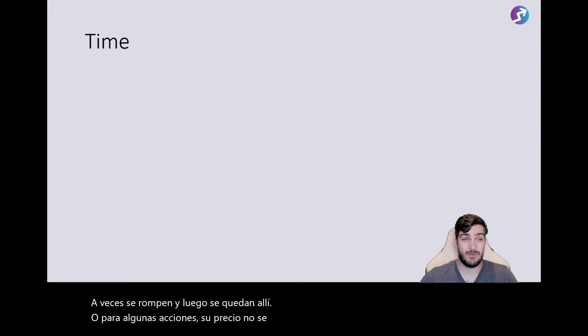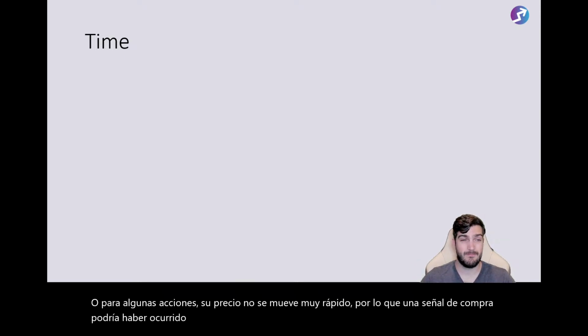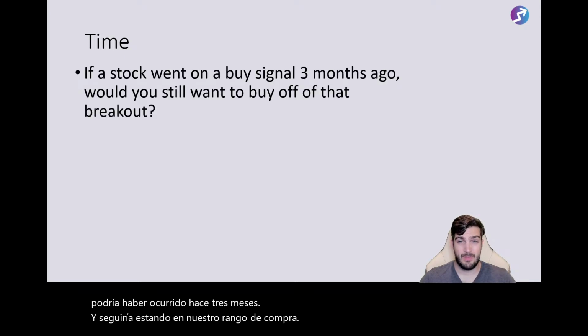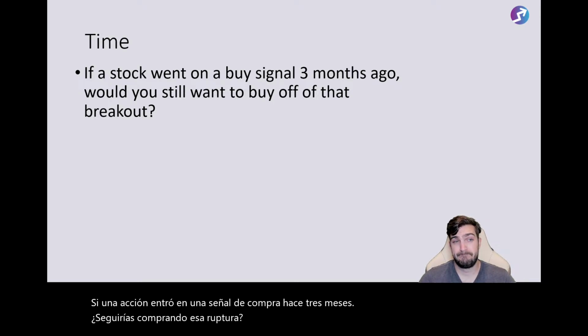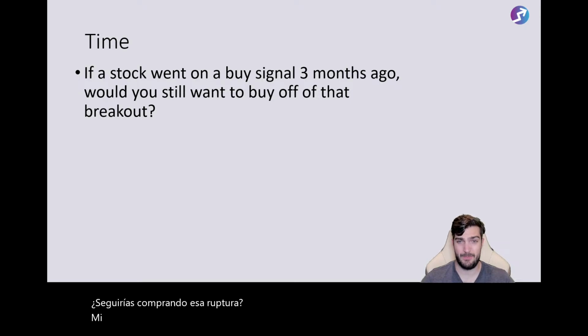So a buy signal might have happened 3 months ago, and it would still be in our buy range. So, let me ask you, if a stock went on a buy signal 3 months ago, would you still buy that breakout? My answer? Probably not. That's way too far out.